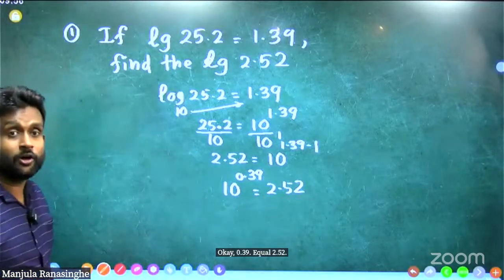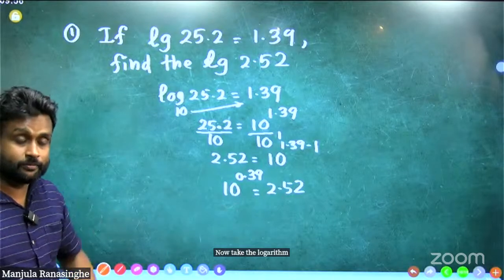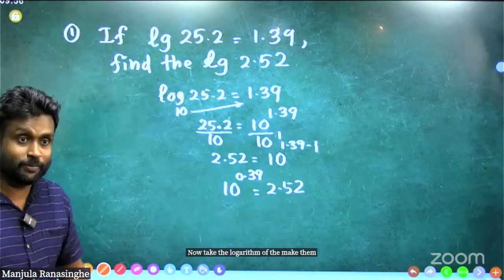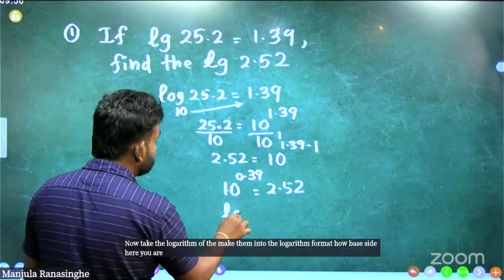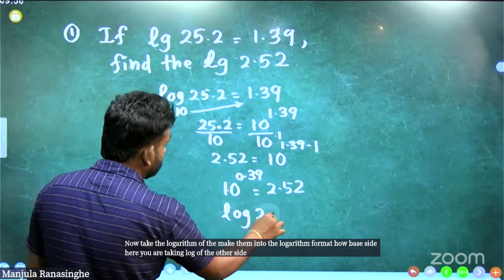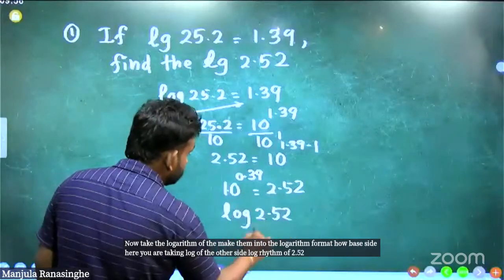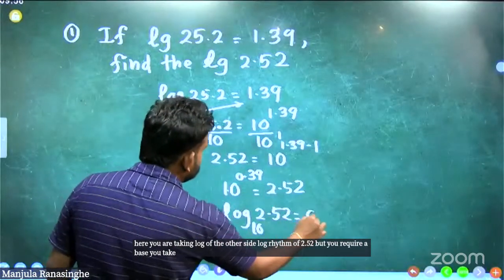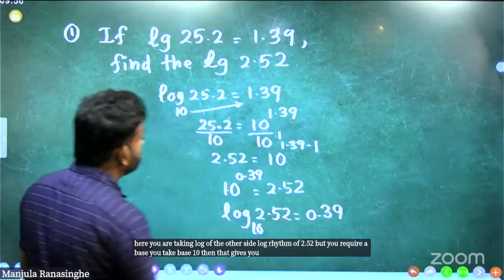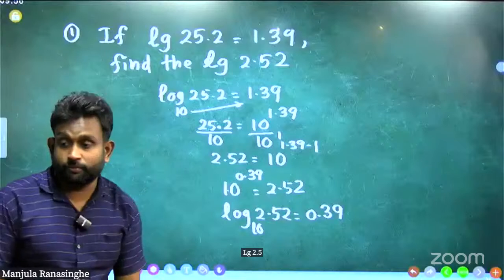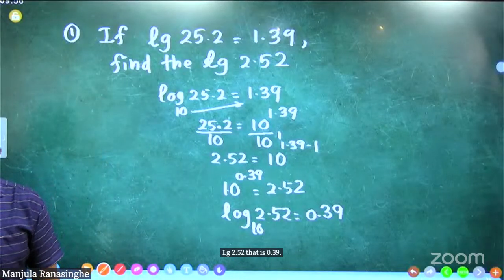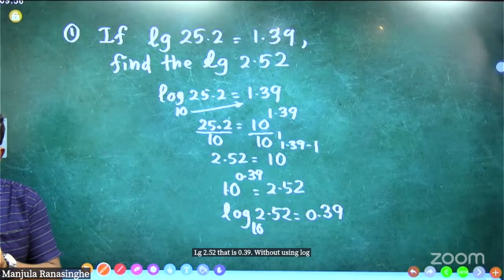Now take the logarithm to the base 10 of both sides, and that gives lg 2.52 equals 0.39. That is what is asked, without using the logarithm table.